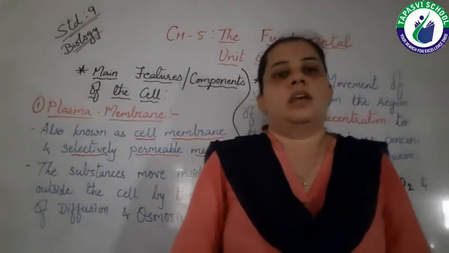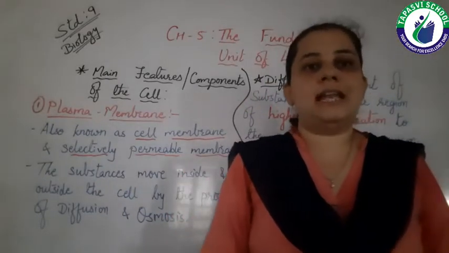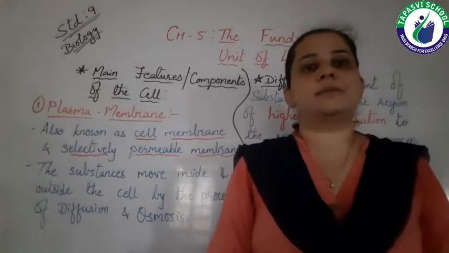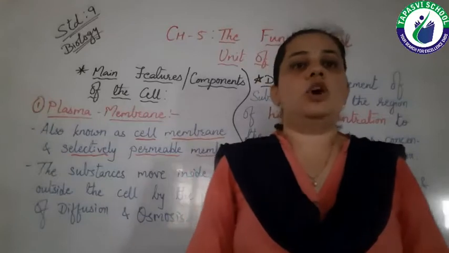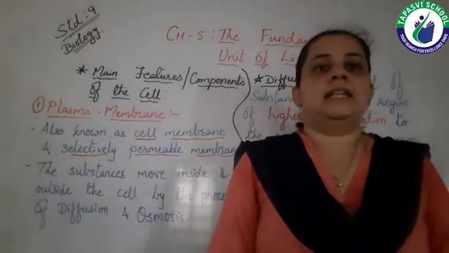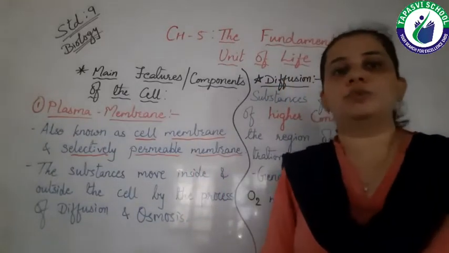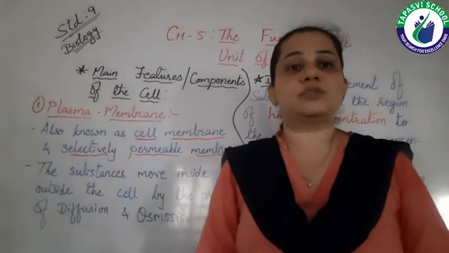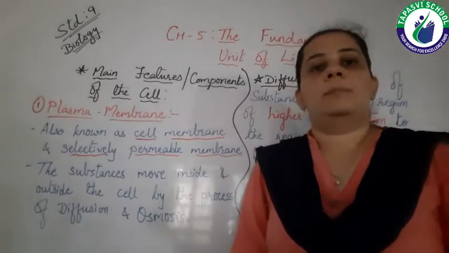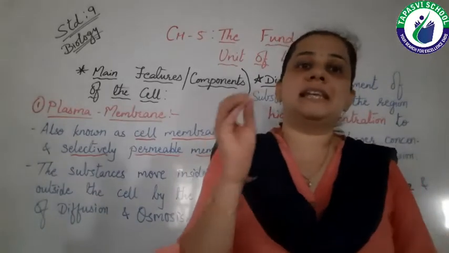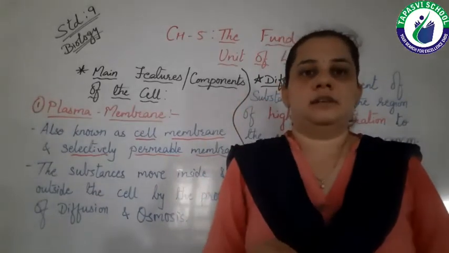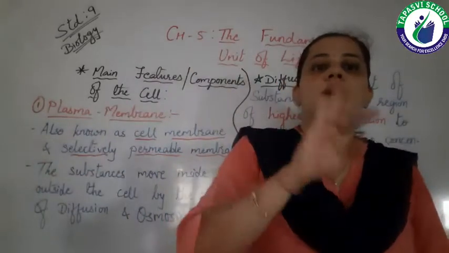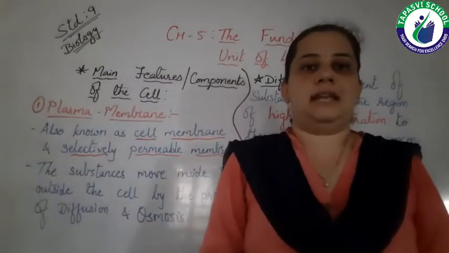Because when the cell requires any substance, or any substance moves in or out of the cell, it has to take permission from the plasma membrane. Means what? The plasma membrane selects the substance which can move inward or outward from the cell.